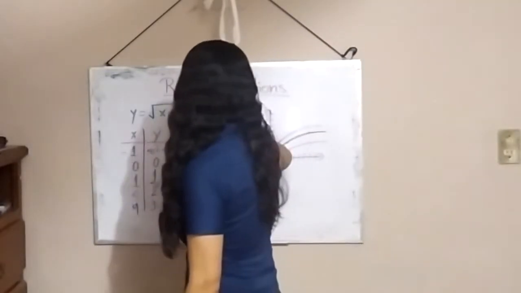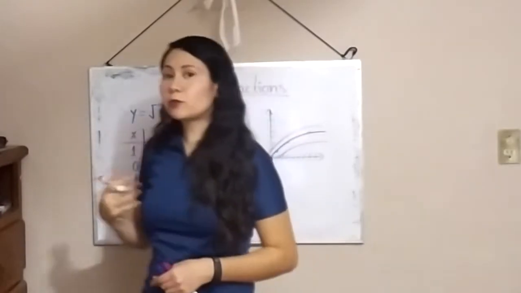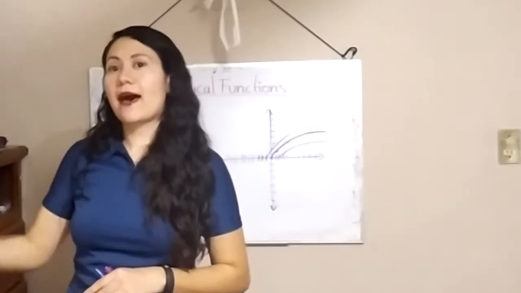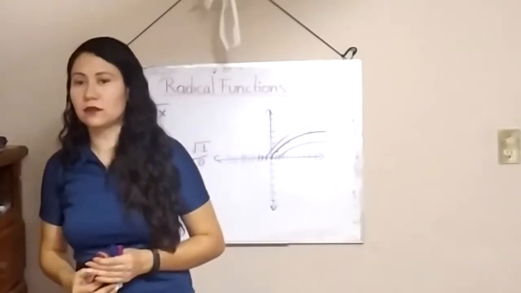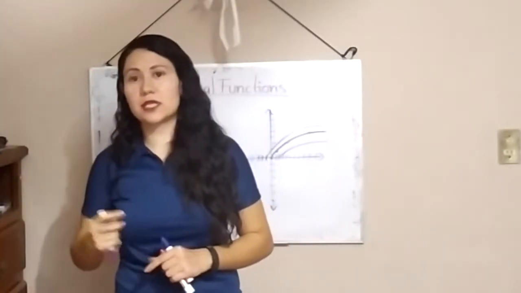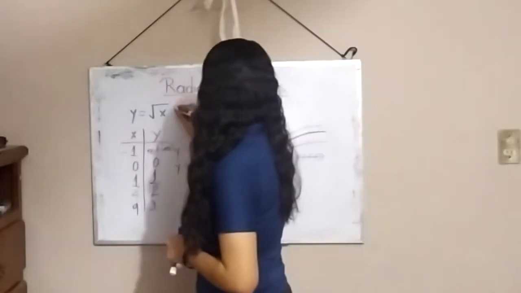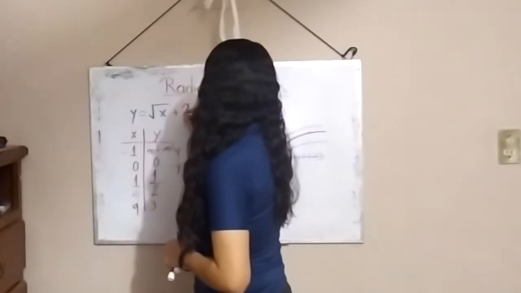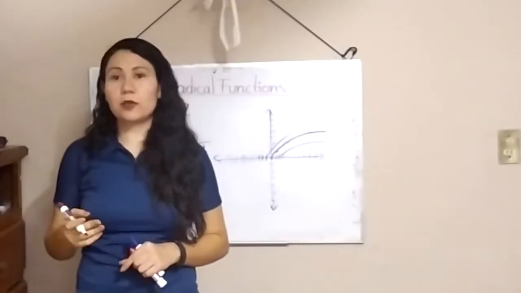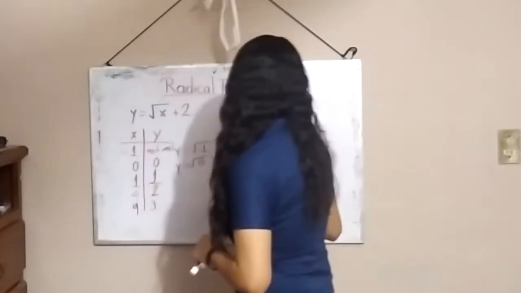Now, if we add or subtract to the output of a function, that means outside the radical, then we would be moving it up or down. For example, if we add +2 outside the radical, we would be moving it 2 places up.